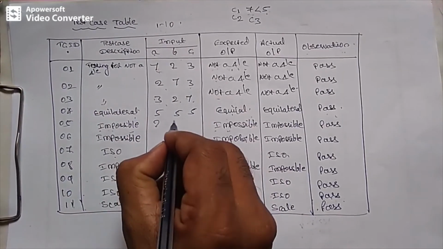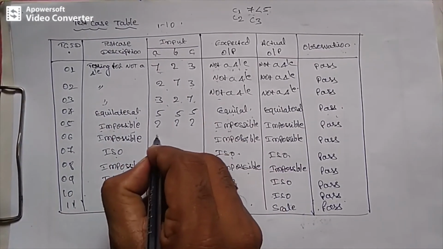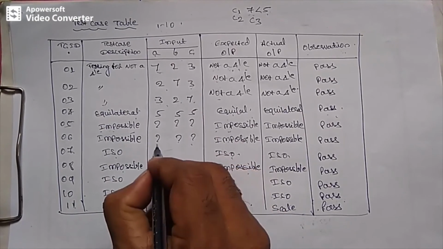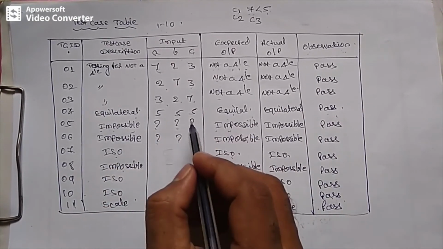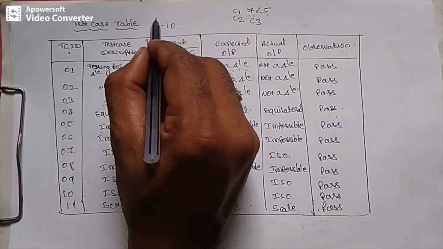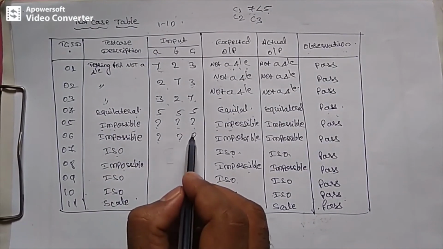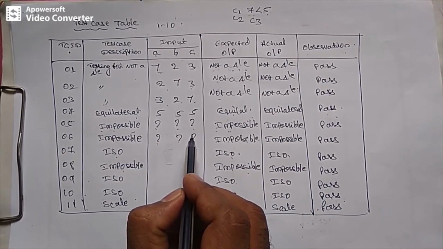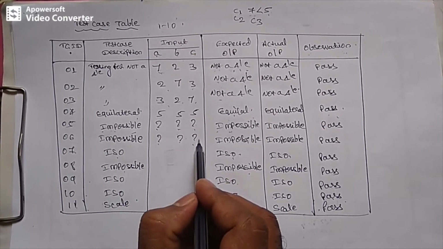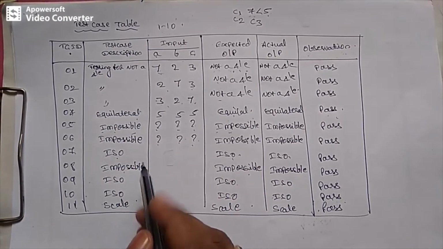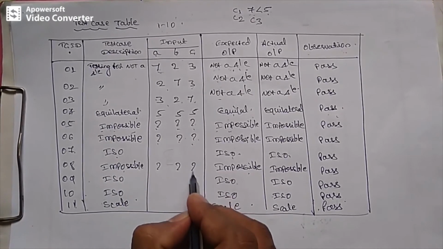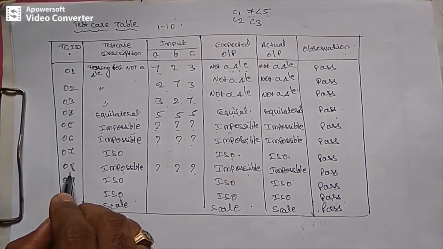Therefore the inputs will be a question mark. Why have I put a question mark? Because my program will not accept values beyond the boundary, so these inputs are not possible to specify for my program. Therefore I have written a question mark for these two inputs. Similarly, I can also write a question mark for test case 8.